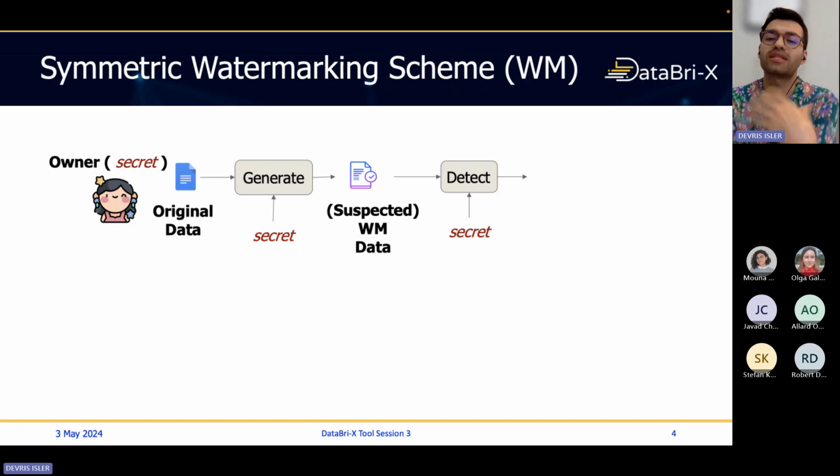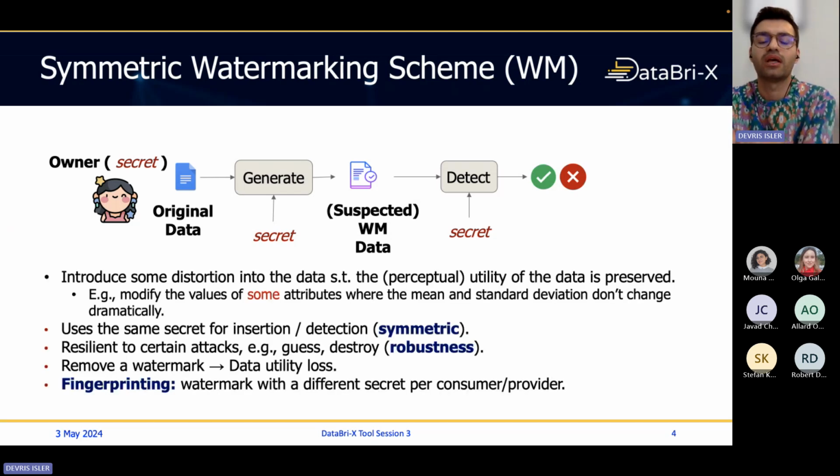She uses the same secret to see if there is a watermark on the suspected data or not. The result would be either yes, you have a watermark on it, which will be the proof of your ownership, or no watermark, which means that probably you are mistaken. You just suspected, but it's not correct. So what is the general idea?